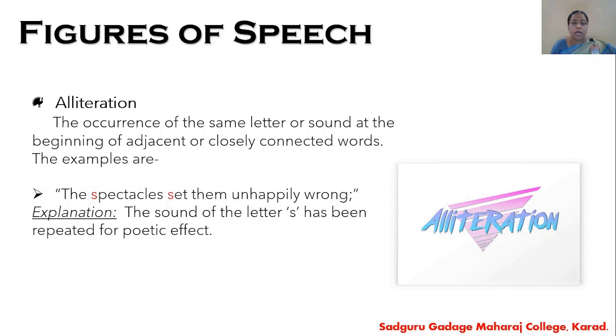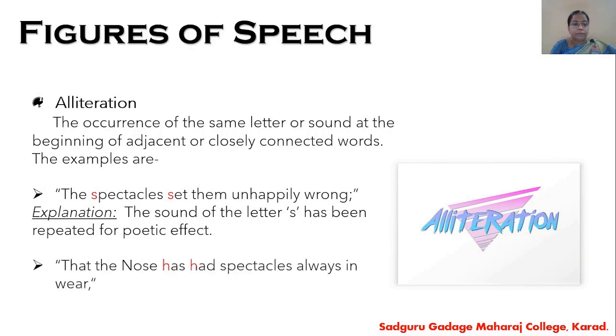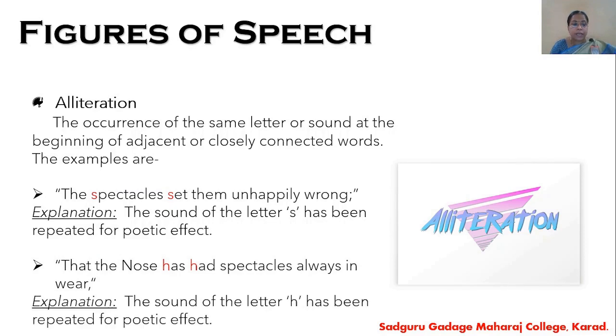Explanation: the sound of the letter U has been repeated for poetic effect. Next example: that the nose has had spectacles always in wear. Explanation: the sound of the letter H has been repeated for poetic effect.